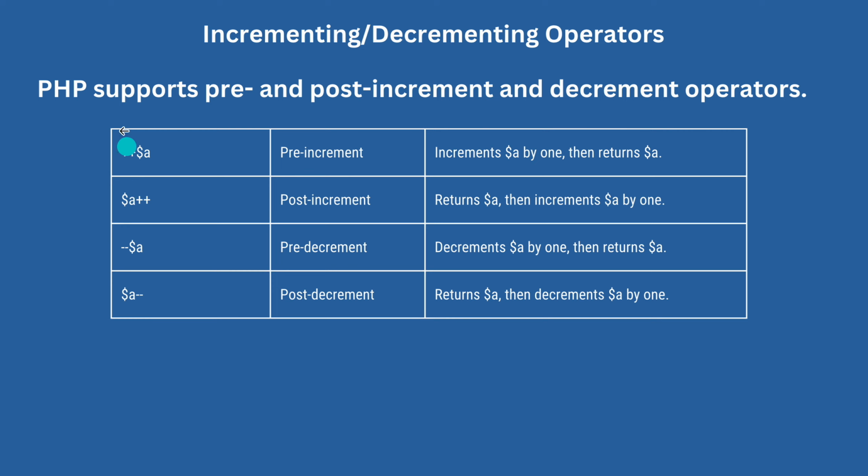You all know this one, pre and post increment. Here it decrements first and then returns $a. Here it first returns $a, then decrements by 1. So clear about all these? Clear, sir. So if someone has any confusion on this, tell me.